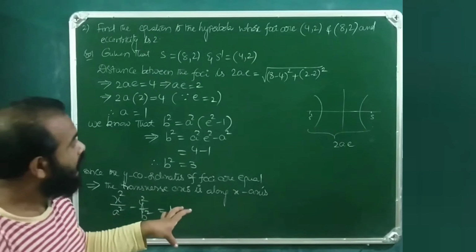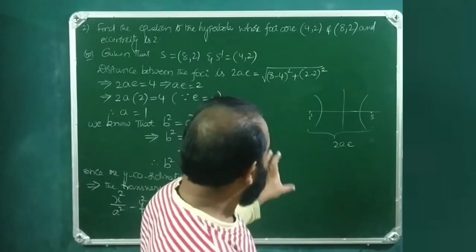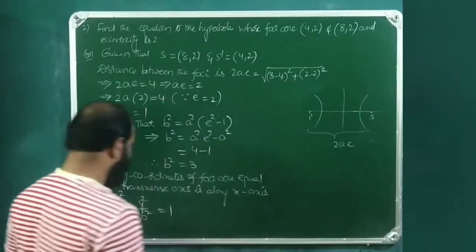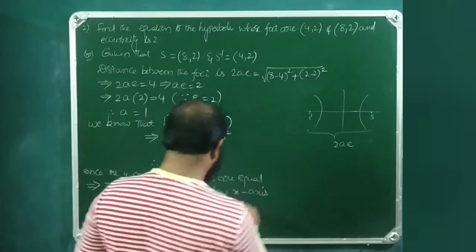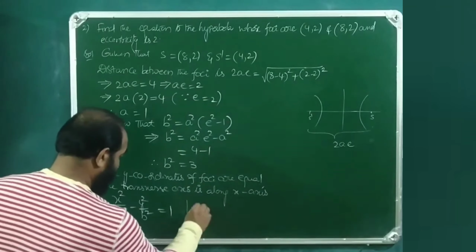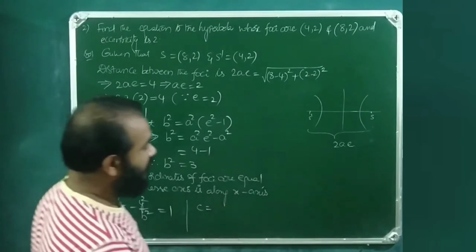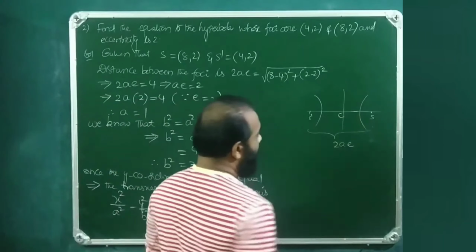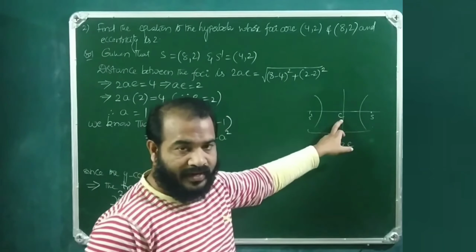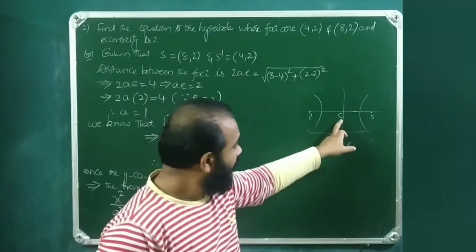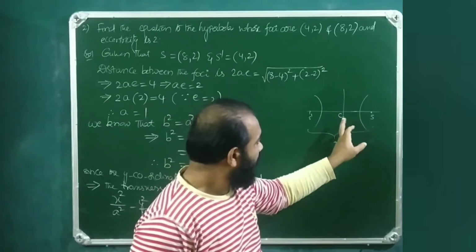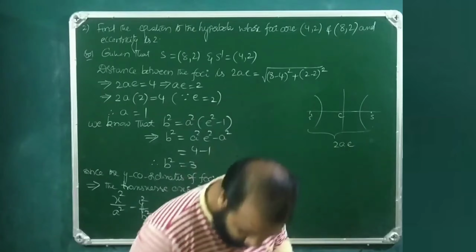But here, what is the center? Center C is this. And the center C we will get by finding the midpoint of S and S dash.